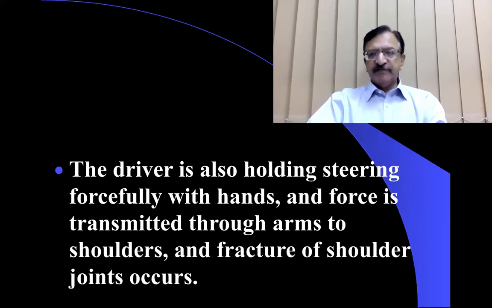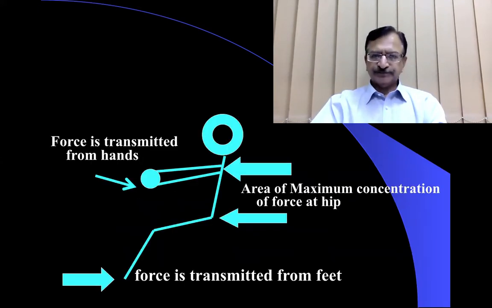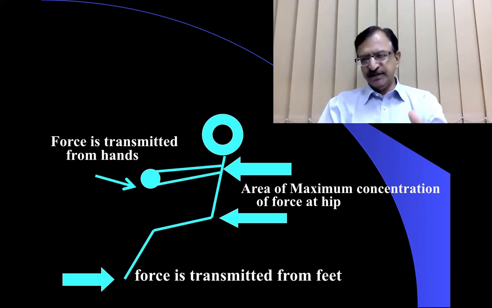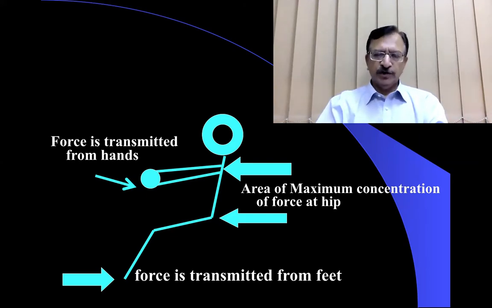The driver is also holding the steering column forcefully, and through the bones of the forearm the energy is transferred to the shoulders, and a fracture of the shoulder joint will occur. This is the diagrammatic representation. From the feet the energy is transferred to the hip, and from the hands the energy is transferred to the shoulders.